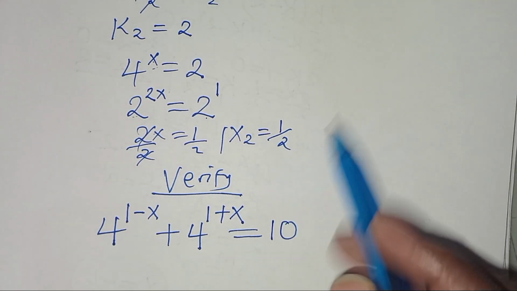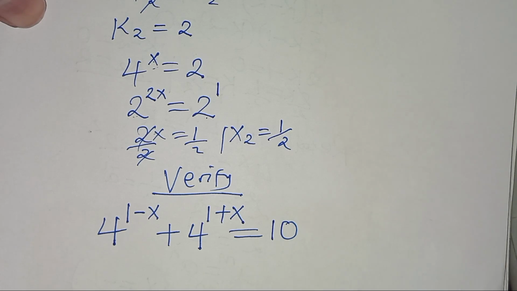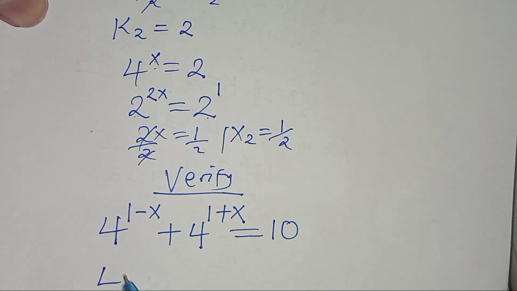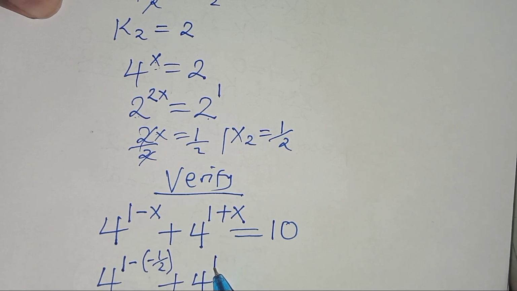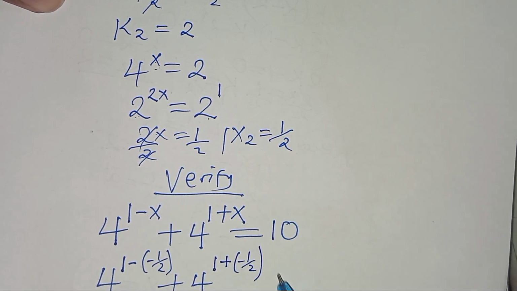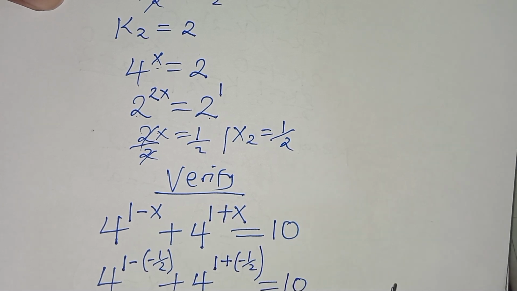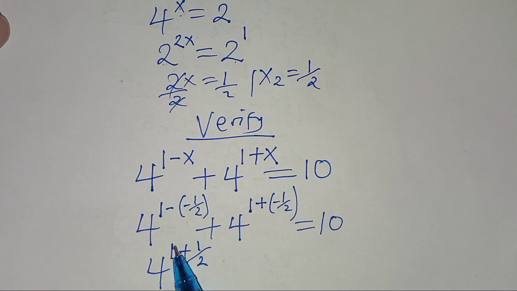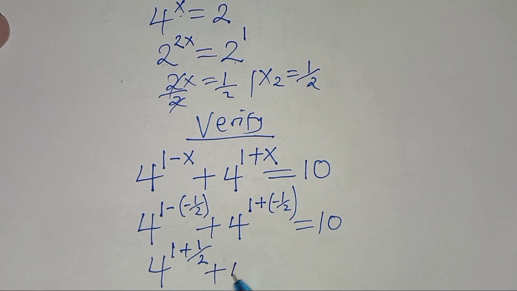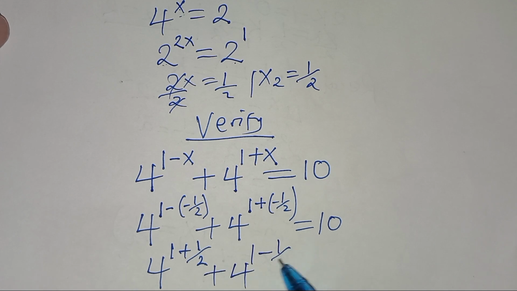Now substituting the first value of x, which is negative half, we'll have 4 to the power 1 minus negative a half, plus 4 to the power 1 plus negative a half. This should give us a value of 10. Now this is the same thing as 4 to the power 1 plus half plus 4 to the power 1 minus half. This is equal to 10.